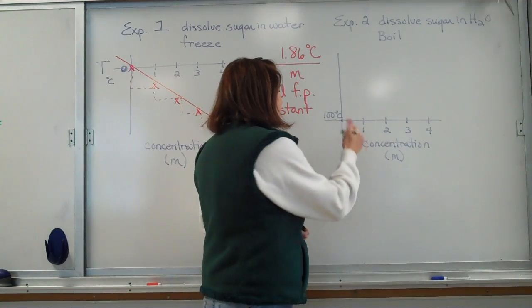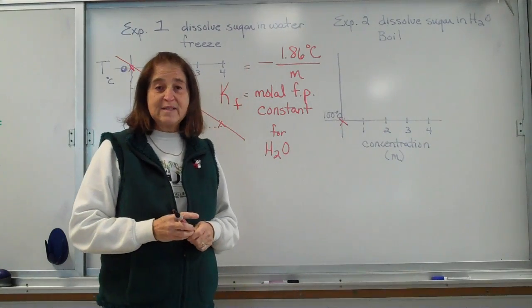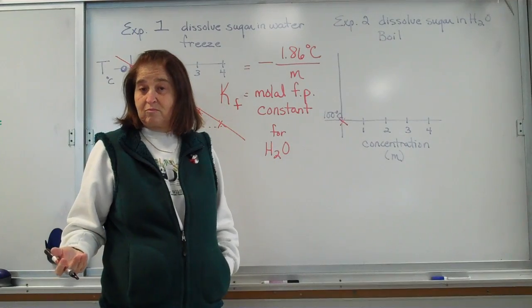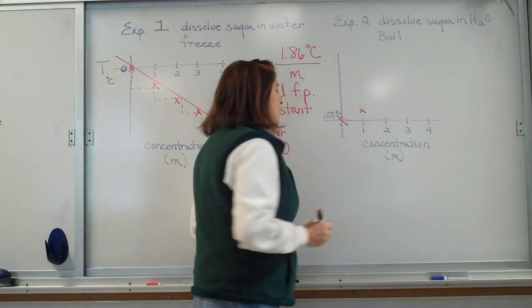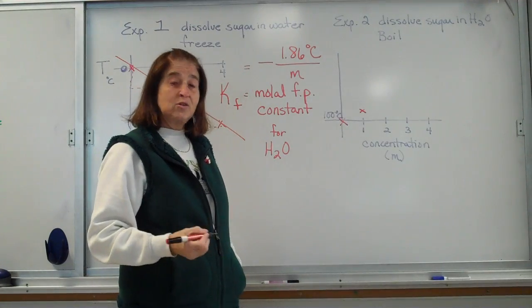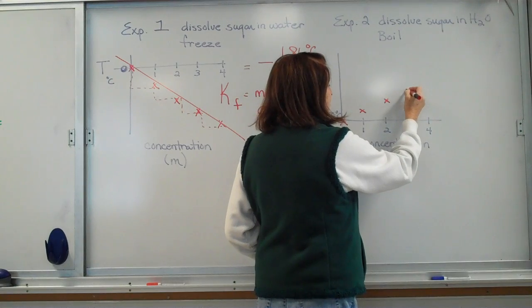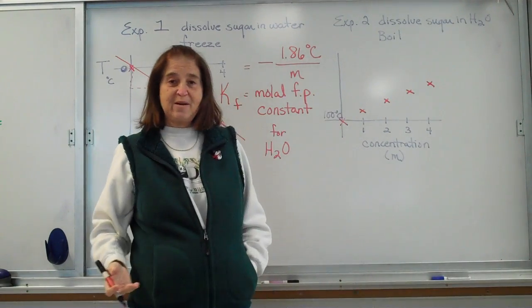So pure water, 0 concentration, boils at 100 degrees Celsius. If you make the solution 1 molal, then the boiling point goes up. 2 molal, 3 molal, 4 molal, and you see the pattern.